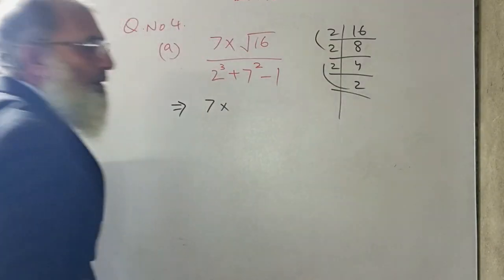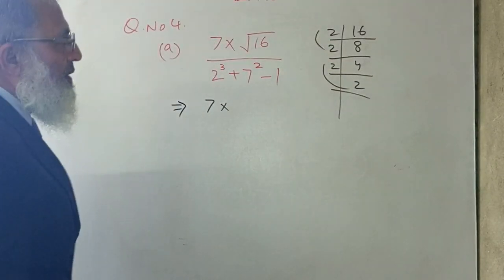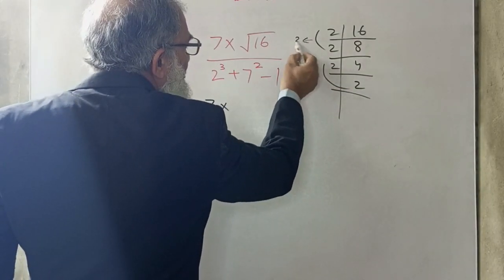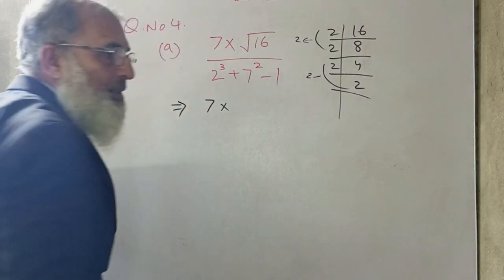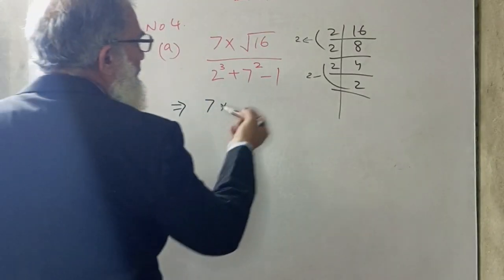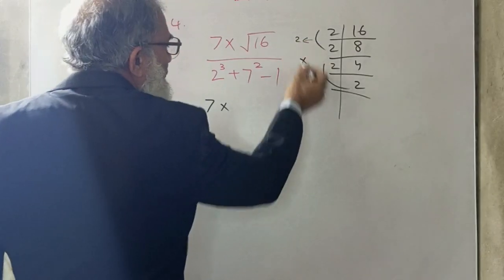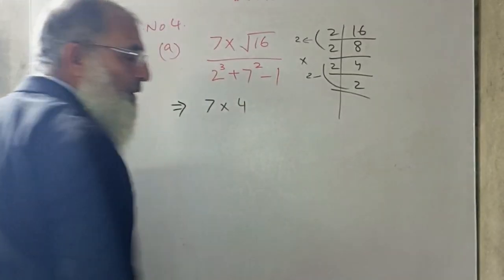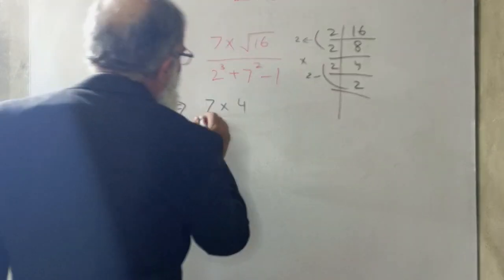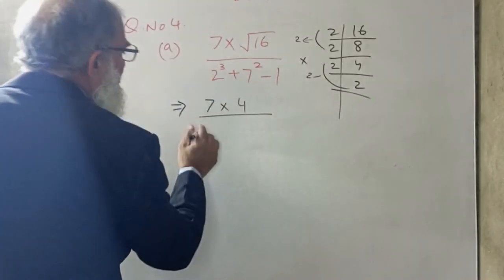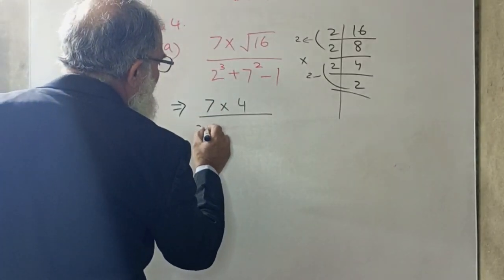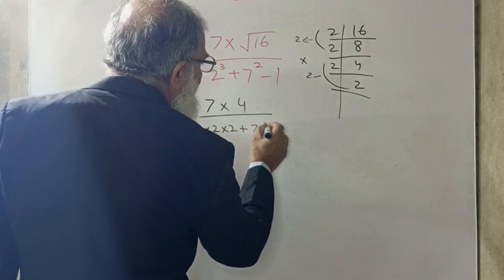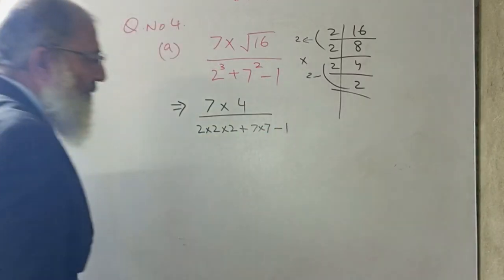We have 2 pairs, so we pick one from here and one from here. 2 times 2 is 4. Now it becomes 4, and 2 times 2 times 2 plus 7 times 7 times minus 1.